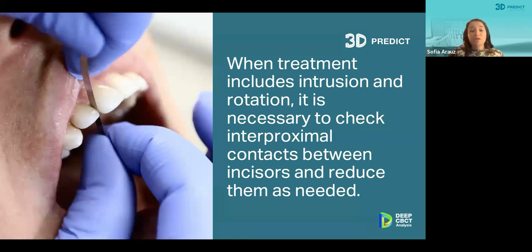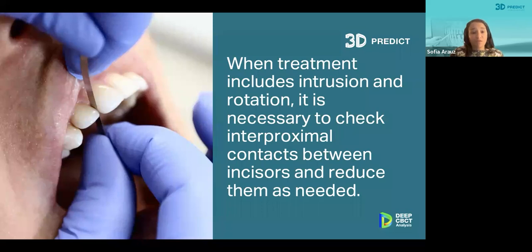Now, when treatment includes intrusion and rotation, like I said, it is necessary to check the interproximal contacts between incisors and reduce them as needed. So even if we didn't give you IPR, or even if we gave you IPR, if there's intrusion and rotation in your case, know that your teeth are going to need a lot of space.